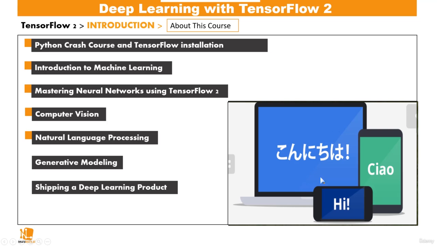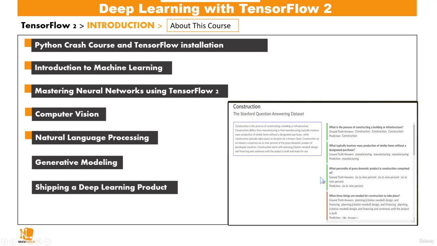So after the translation project, we shall go to question answering, where we shall use a SQuAD data set to train a model which, when given a text like this, and when posed a question, like in this case, what is the process of constructing a building or infrastructure, is able to select the region in this text where the answer to this question lies.